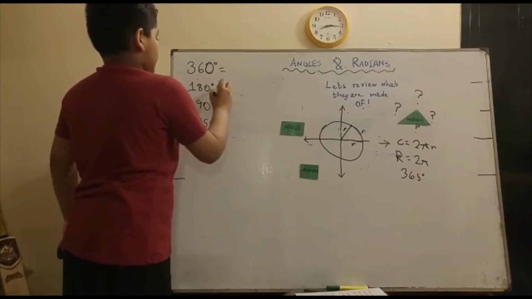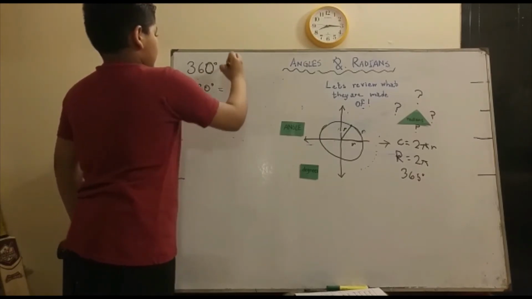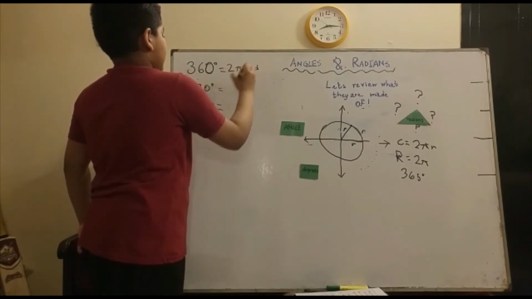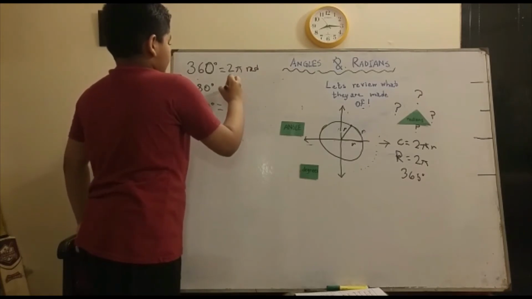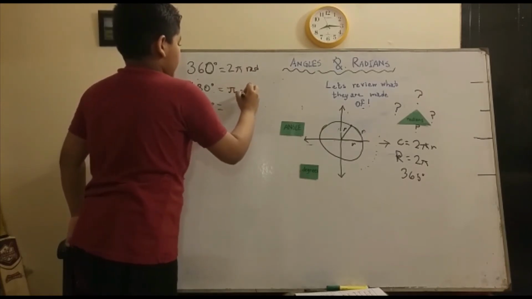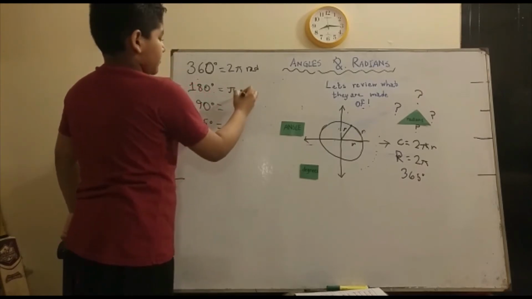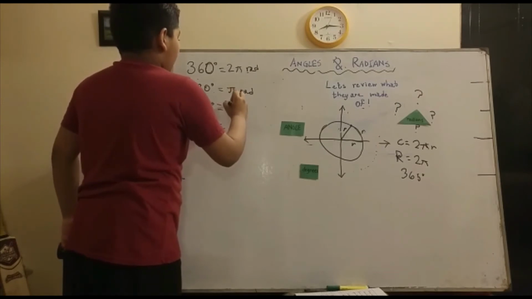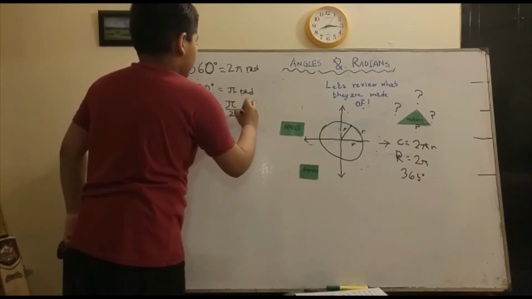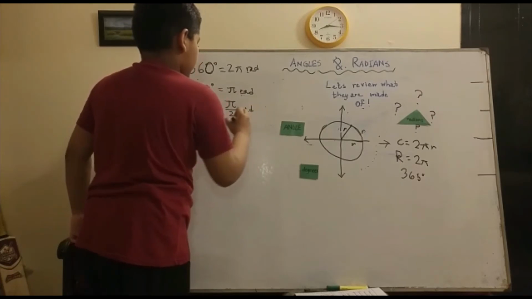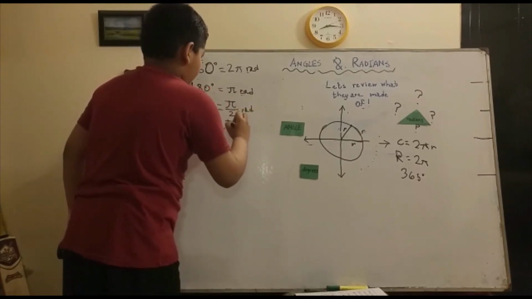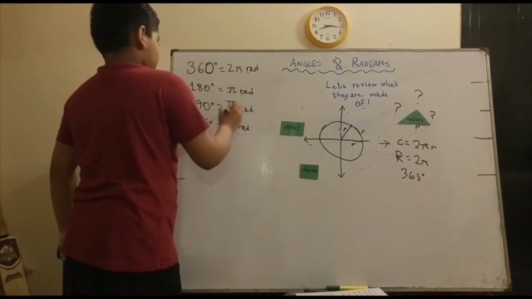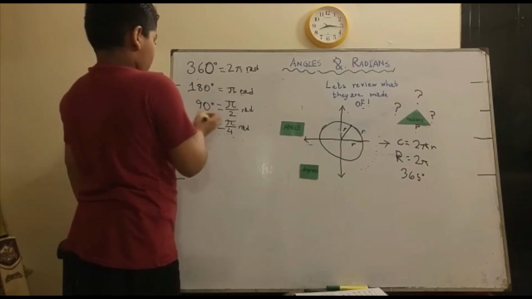Now, let's convert them into radians. 360 degrees equals 2 pi radians, and 180 degrees is pi radians. Then pi over 2 radians, and now pi over 4 radians. So pi over 2 is 90 and pi over 4 is 45.